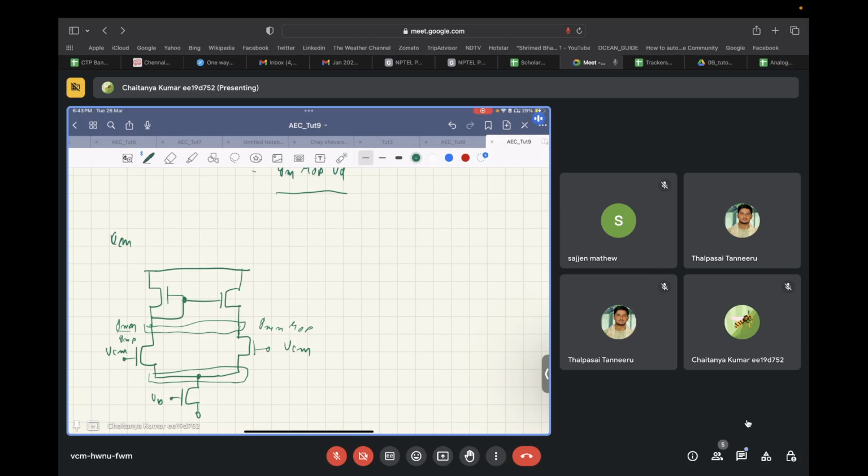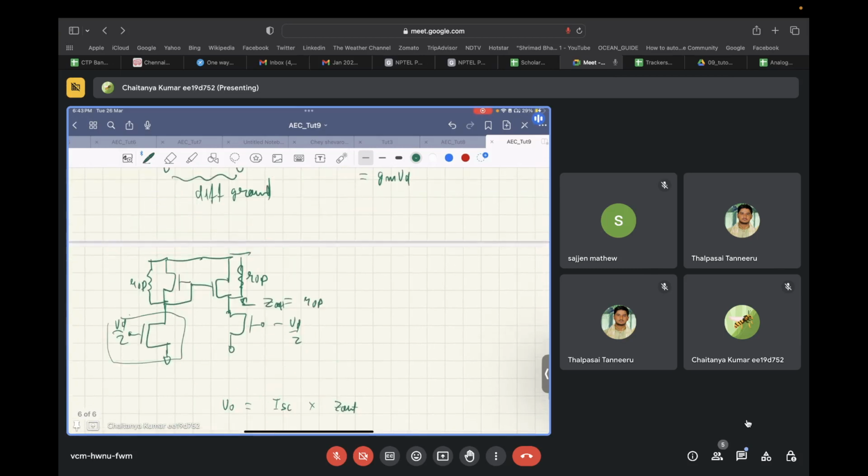So basically, what we are doing over here, we are applying the principle of superposition. While doing incremental analysis, we know that the circuit is linear, and if the circuit is linear, we can apply principle of superposition. In the first case, we assumed that VCM is zero and we have only VD.